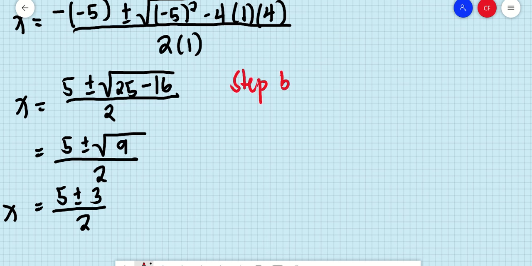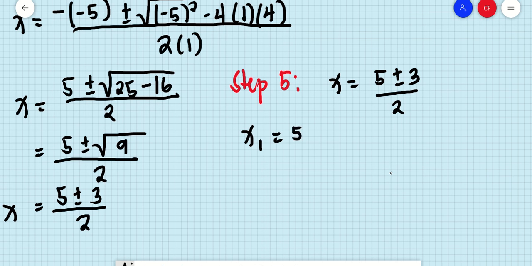So, step number 5, again, x equals 5 positive negative 3, all over 2. Again, for x sub 1, gamitin natin yung 5 and then yung positive 3, all over 2. And for x sub 2, gamitin natin yung 5 negative 3, all over 2.